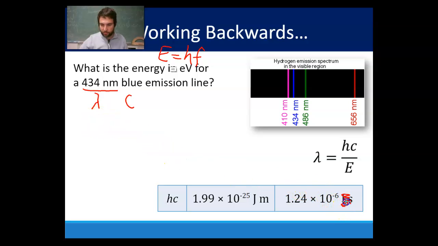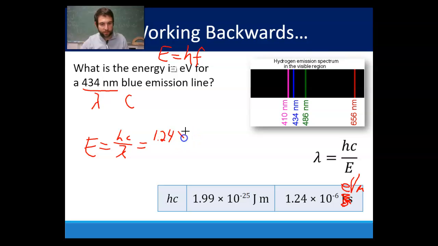First, let's fix this thing over here. Just copied and pasted. Sorry. Electron volt times. All right. Let's do it. E equals hc over lambda. Easy, right? Can't be this easy. Pretty easy stuff, mathematically speaking.